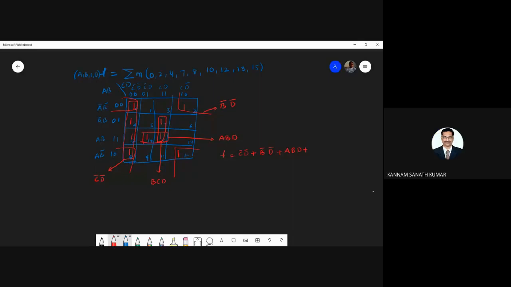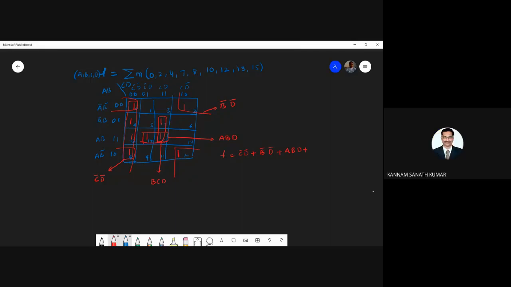Which one? Second term, sir. B bar D bar. Yeah, taking vertically, B bar is common in this, and C bar D bar, no, sir.